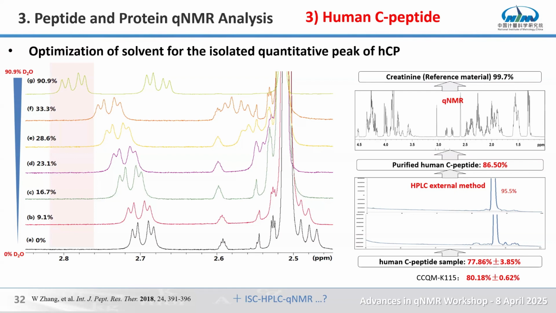The result of this job is consistent with that of CCQM-K115, and the CV was produced by unknown peptide impurities, about 4.5% in the purified HCP sample. So the accuracy will improve if higher purity HCP sample can be obtained by better purification techniques or using the ISC or ISRC strategy that we have discussed in part 2.